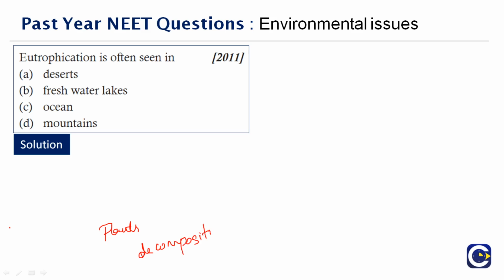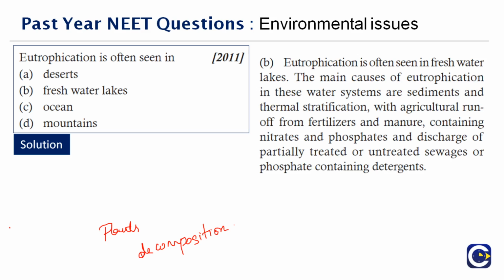The microorganisms which help in decomposition start using up the oxygen present in dissolved form in the water. So eutrophication is often seen in freshwater lakes. Therefore the right answer to this question is option B.